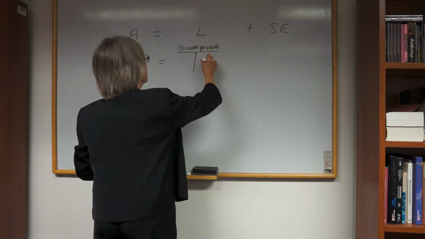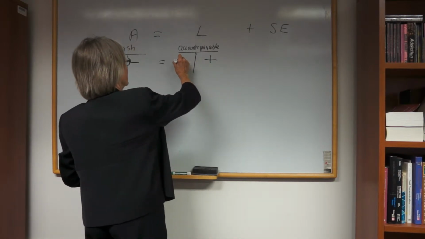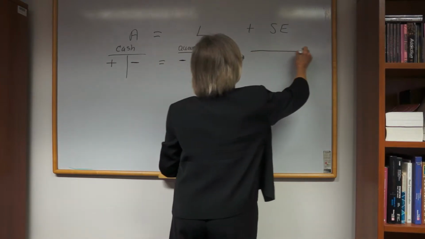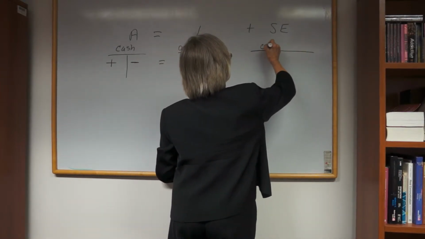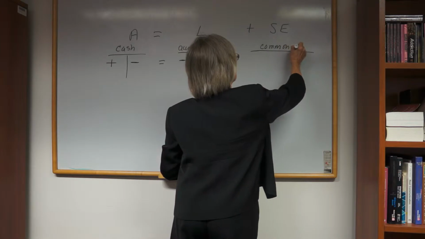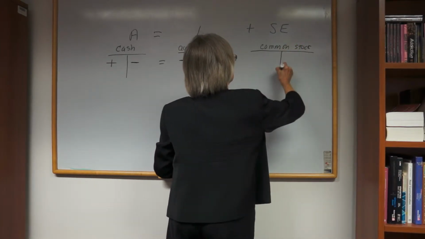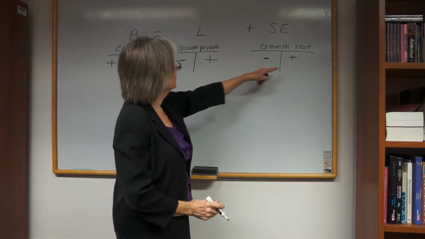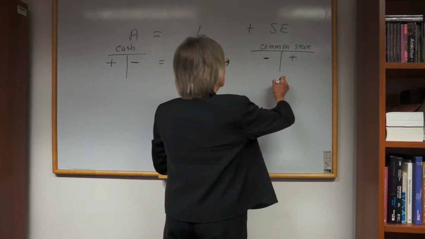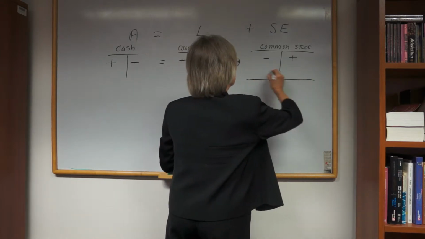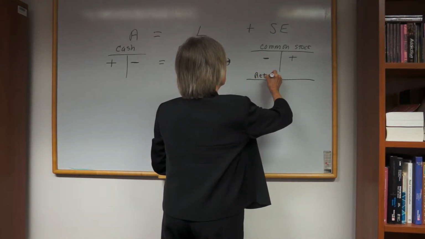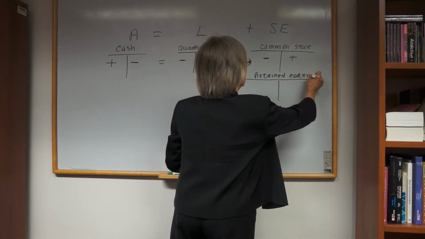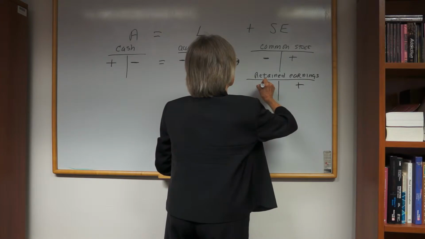They're going to be increased by a credit entry and decreased by debits. And then say you've got your common stock, and that's going to be increased by a credit and decreased by a debit. And then this is where it gets a little tricky. Retained earnings is the overall account, and that also is increased by a credit.